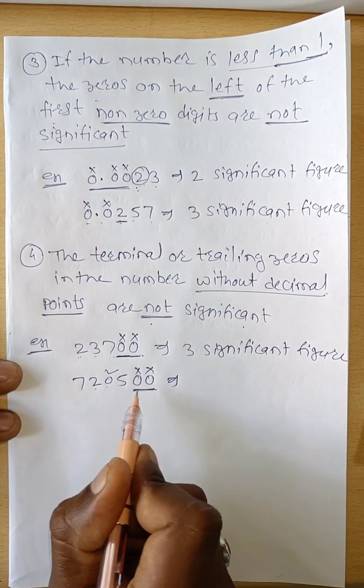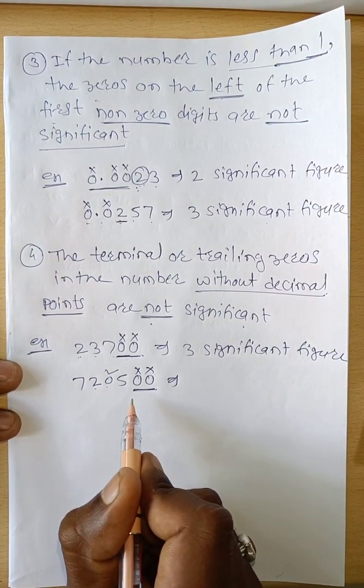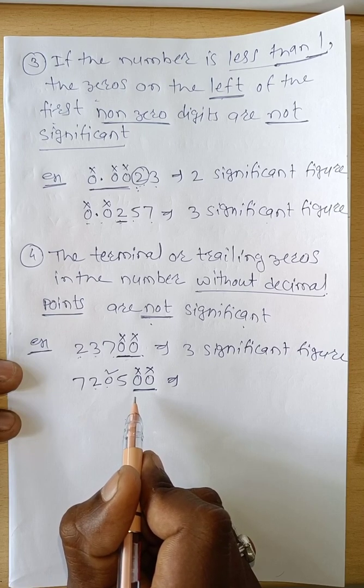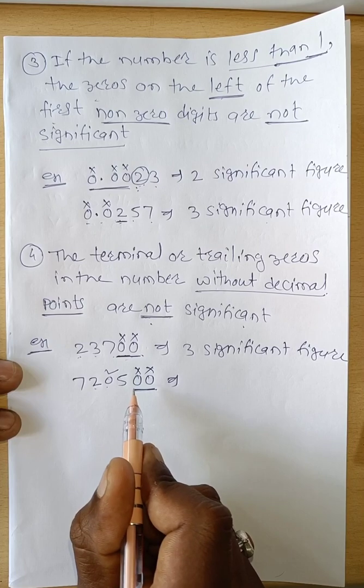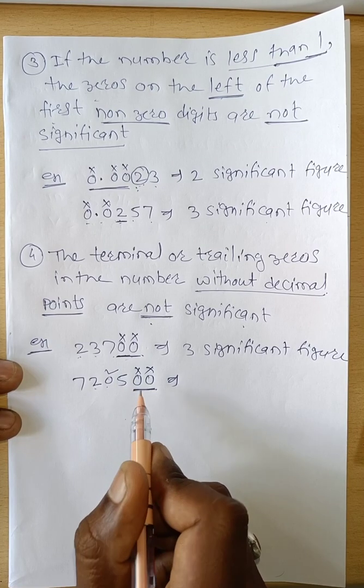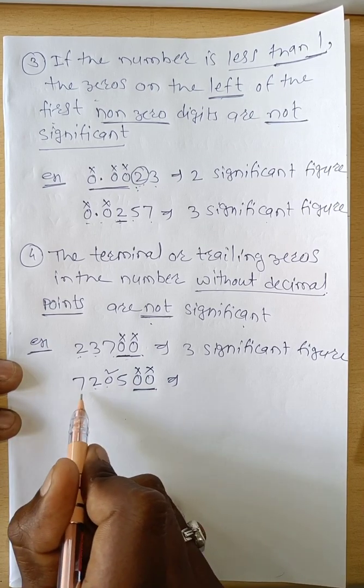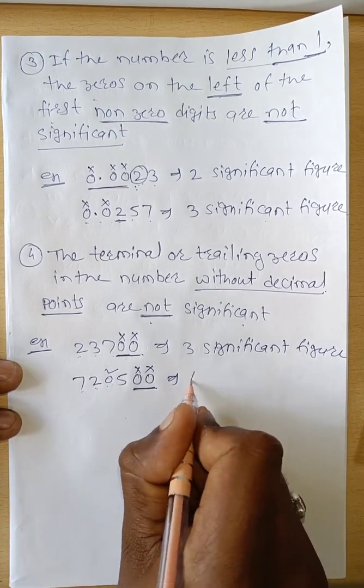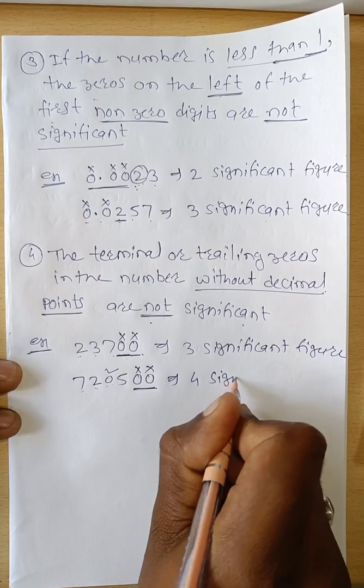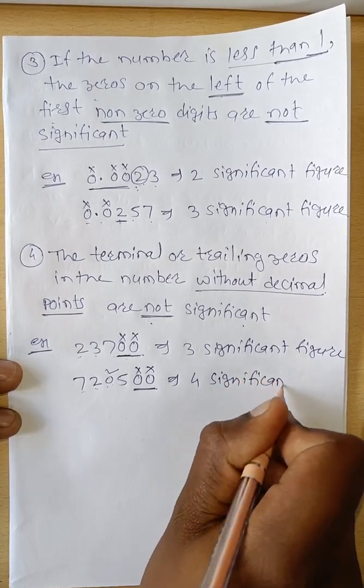In that case this number has 4 significant figures, that is 7205.